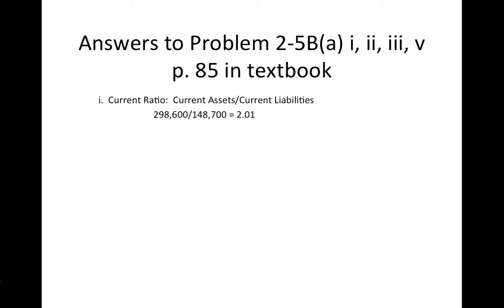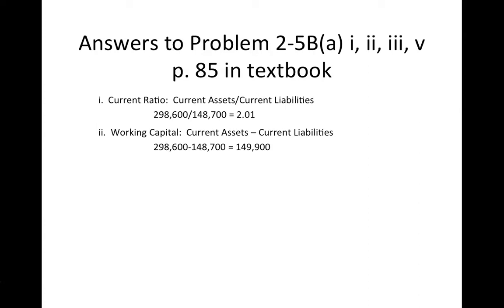Using these numbers, you would come up with 2.01. Roman numeral 2, they want you to calculate working capital, which is current assets minus current liabilities. Using the numbers they gave you, you would come up with working capital of $149,900.